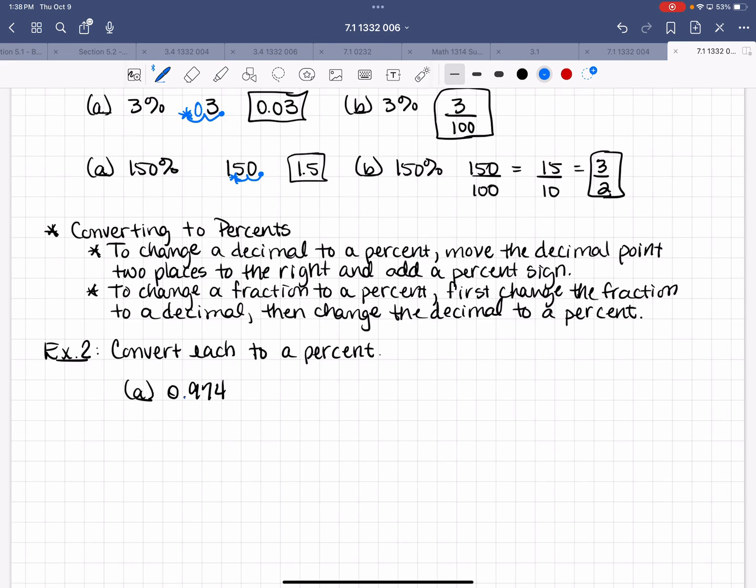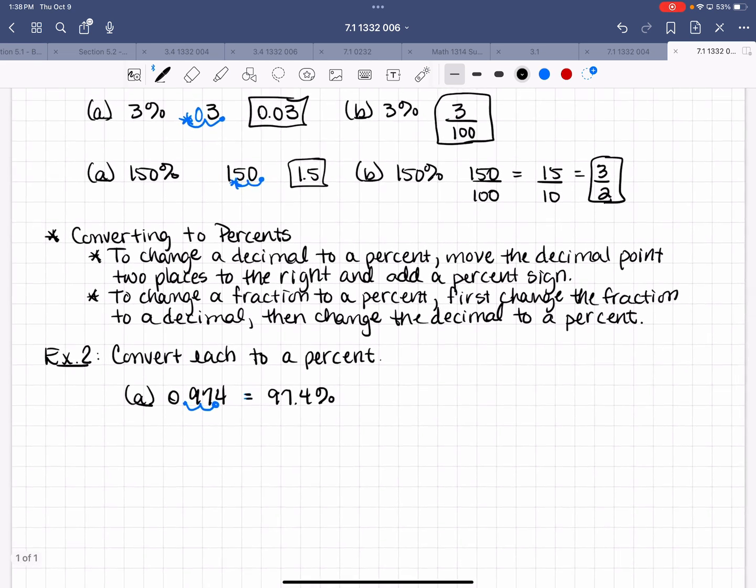So I'm going to take that decimal point and I'm going to go 1, 2, 2 places to the right. And that will give me 97.4%. Okay, that was pretty easy.